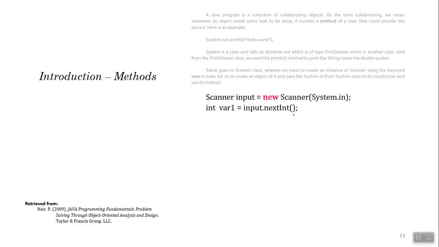And then once the user enters a number, it would assign the input to our var1. So for example, I entered 20, then the value of var1 would become 20. Okay, that's how it works.